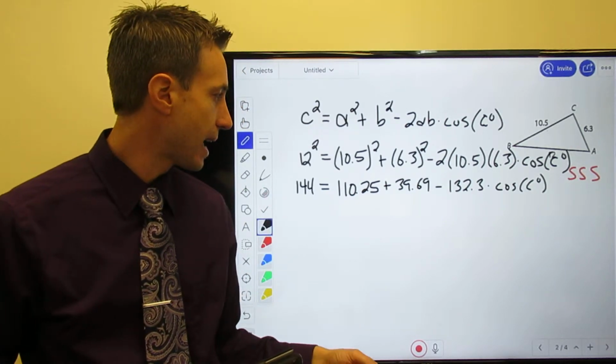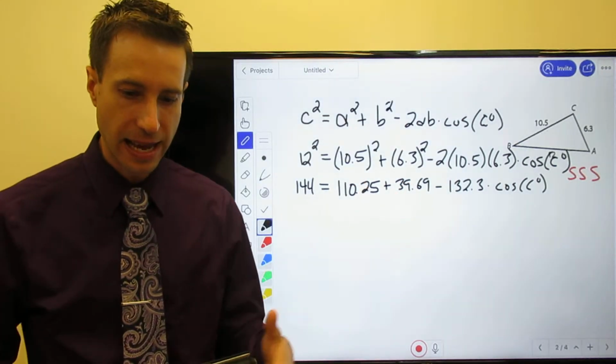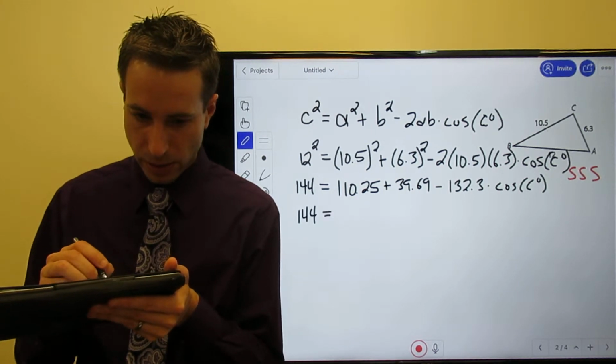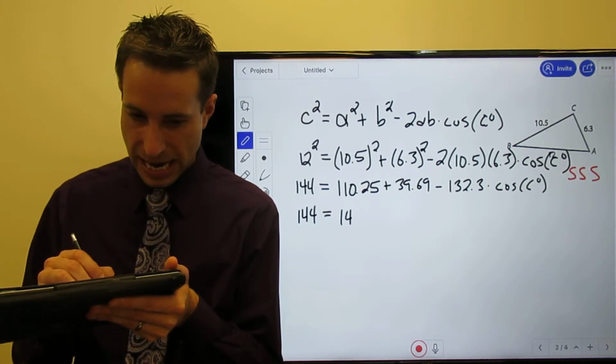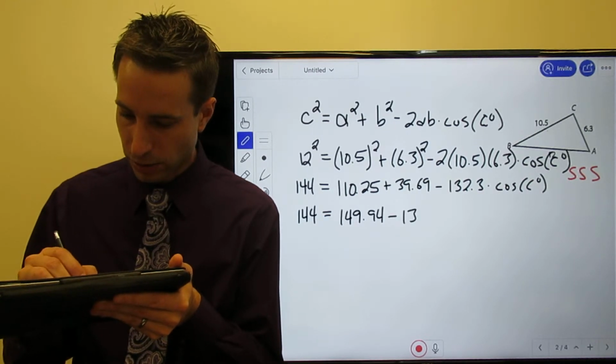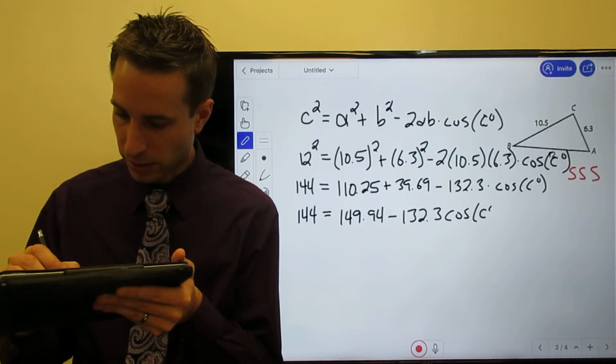Let's add these numbers together. So we'll have 144 is equal to 149.94 minus 132.3 cosine of angle C.